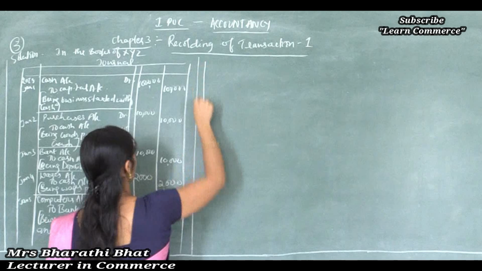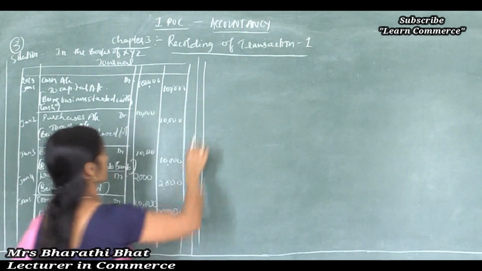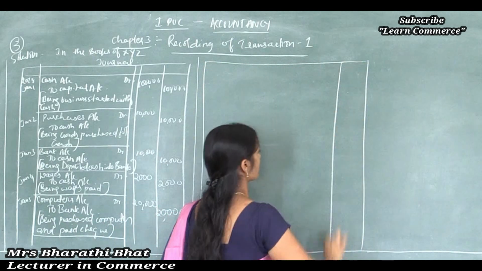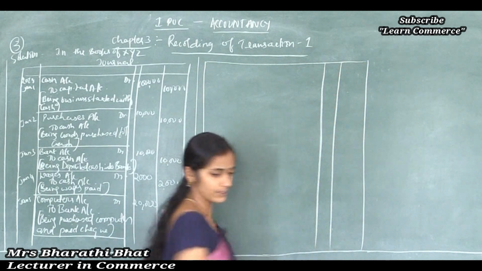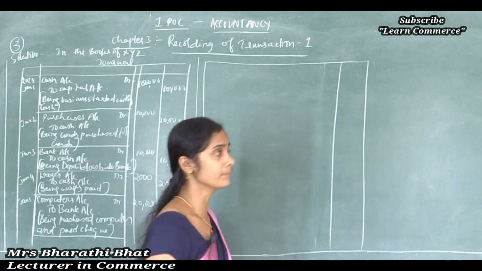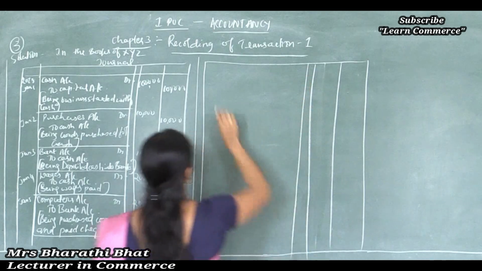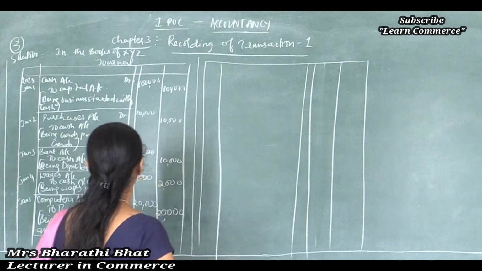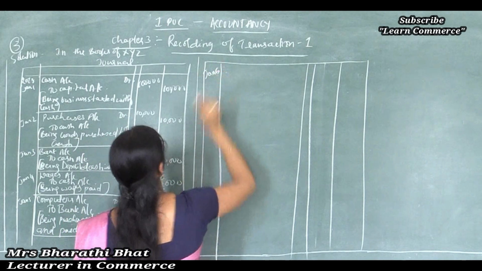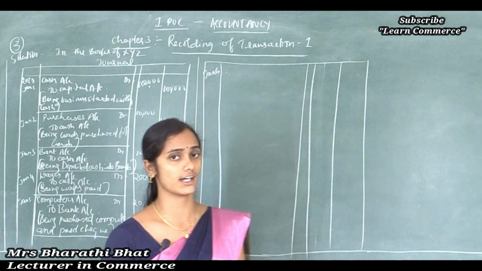When a person's name comes, then it is considered as what? Credit transaction. So instead of cash, there we should record the person's name. Correct, right? Instead of recording cash, we should write the person's name. So here sold to X. Jan 6, sold to X. So sales and X accounts are the two accounts affected here.